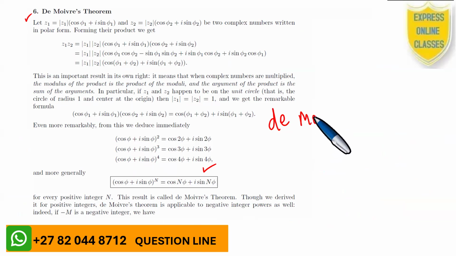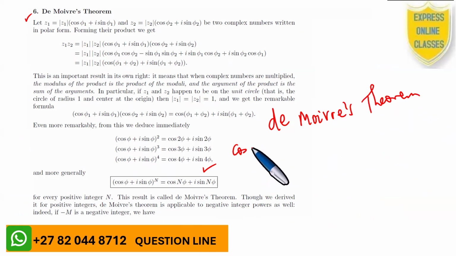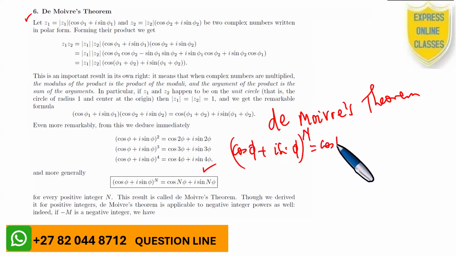It means that when you have cosine of phi plus I sine of phi and you raise it to n, it is cosine n phi plus I sine of n phi. So this is called De Moivre's theorem.